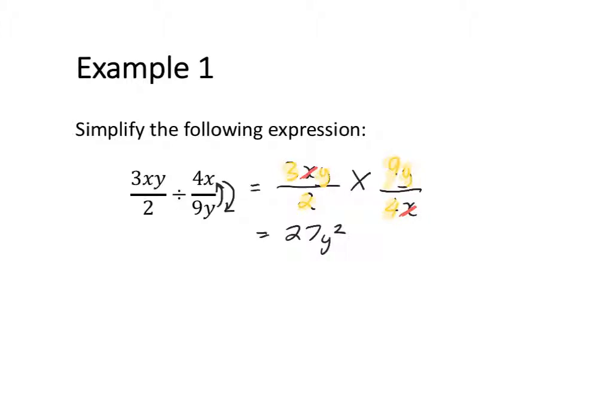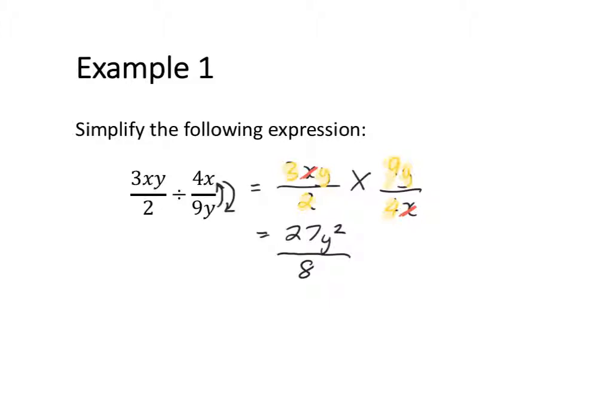So that is going to give me a denominator of 8. So 27y squared over 8. I need to complete step 4, which is to check to make sure I can't do any more simplification. In this case, I can't. So my answer remains at 27y squared over 8.